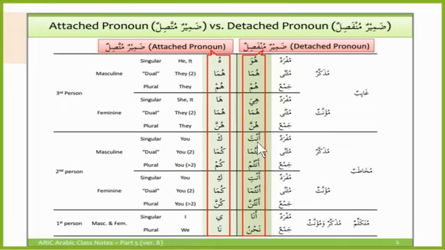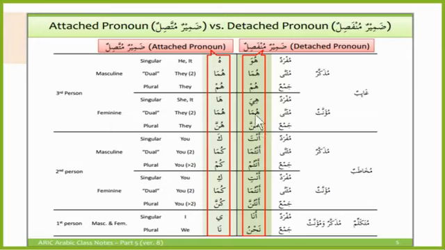You're never going to see it. It's either going to be, by default, it's there, just like when we say yashrabu, it's talking about a male drinking. Tashrabu, it's talking about a female drinking. By default, that ya is referring to masculine in the word yashrabu, and the ta is referring to a feminine in the word tashrabu.